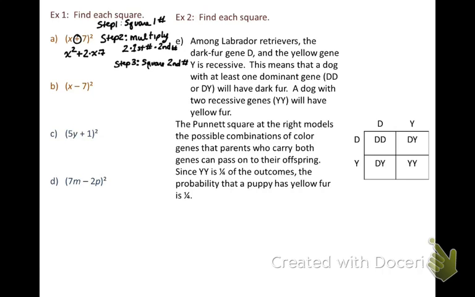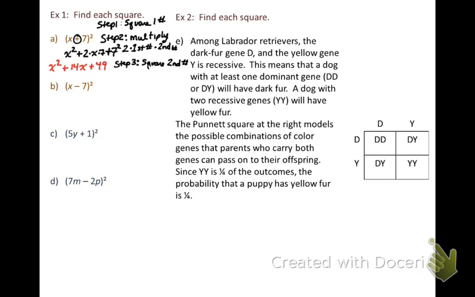So 7 squared, so we'll put plus 7 squared. Our answer should be x squared plus, well, 2 times x times 7 is 14x, and 7 squared is 49. And we'll do this again.